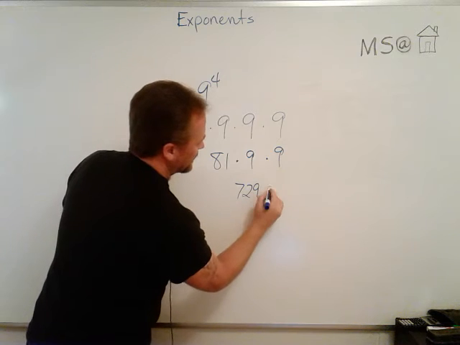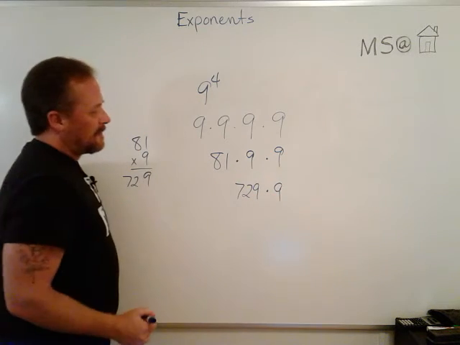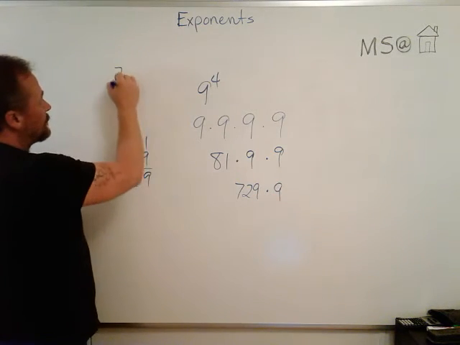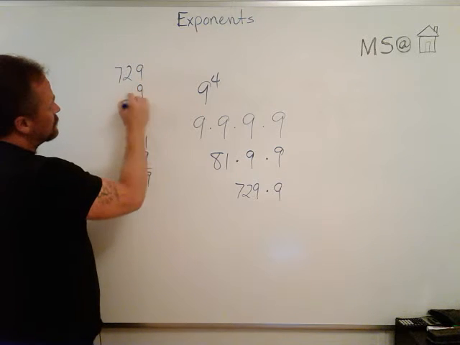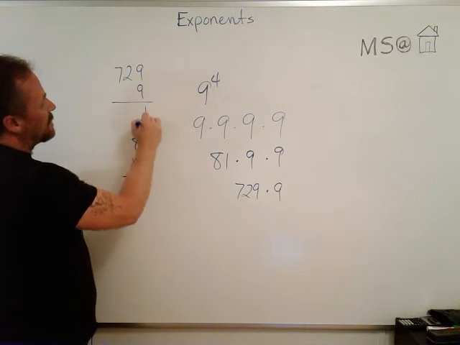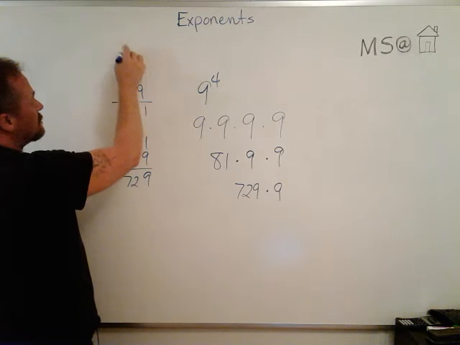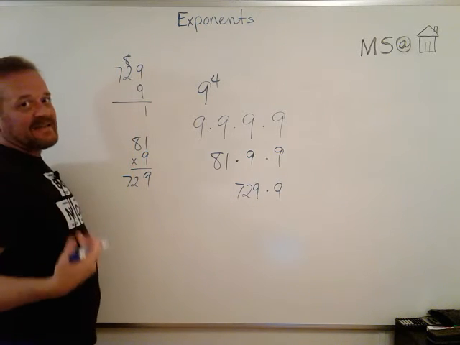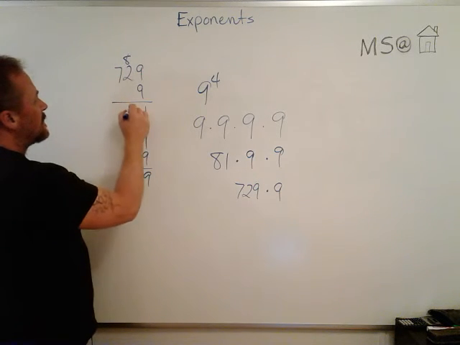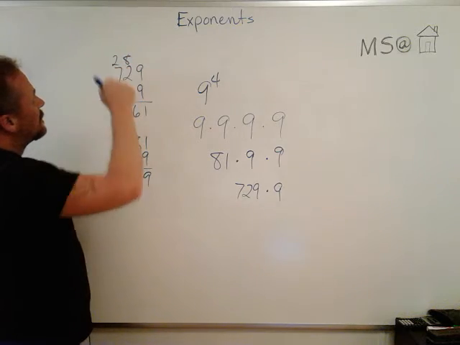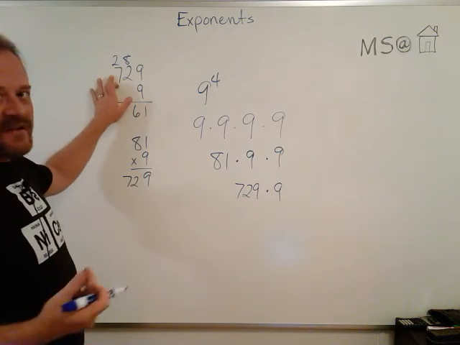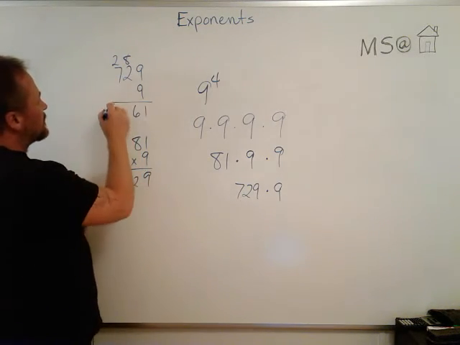And then bring down this last 9 that we haven't touched yet. And then we'll do the algorithm one more time. 9 times 9 is 81, carry that 8. 9 times 2 is 18, plus that 8 is 26. And then 9 times 7 is 63, plus that 2 is 65.